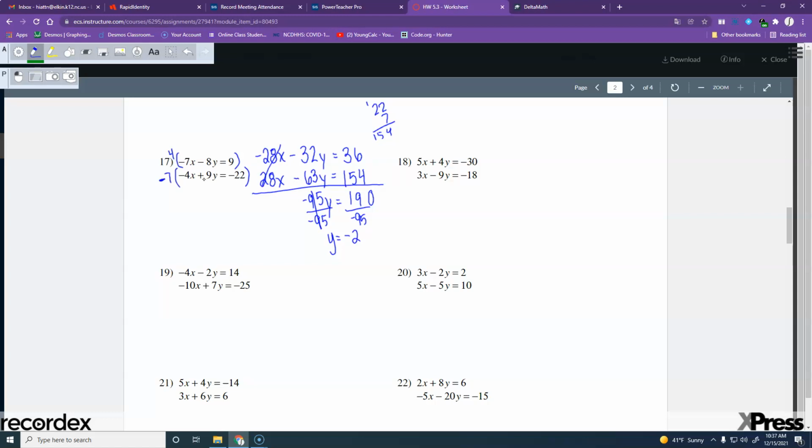Okay, questions here? All right, what do I do to find the x-coordinate? Because I need the x-coordinate as well. Plug in. Which equation do you guys want to use, top or bottom? Okay, we use top. Negative 7x minus 8 times negative 2.